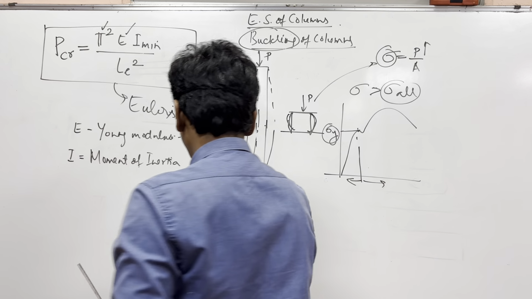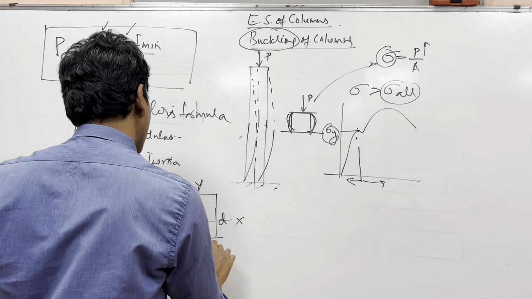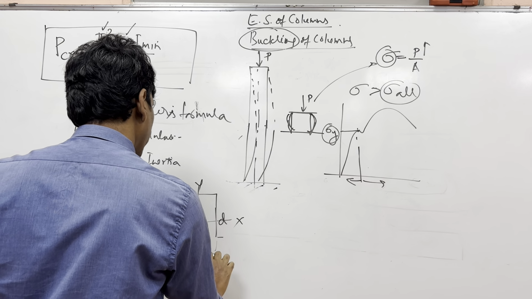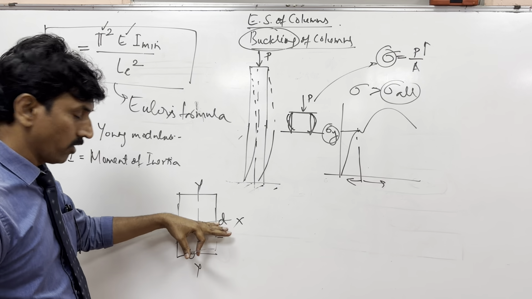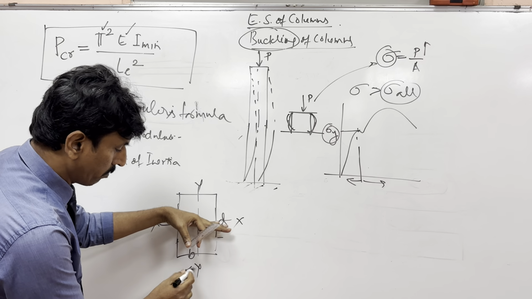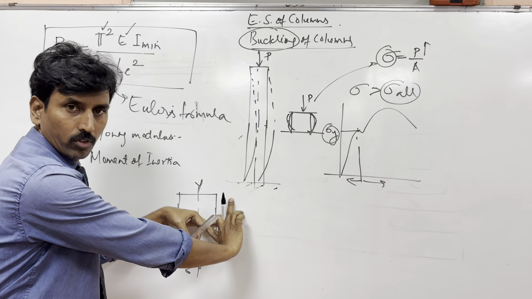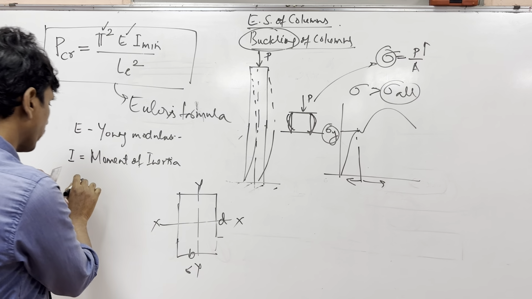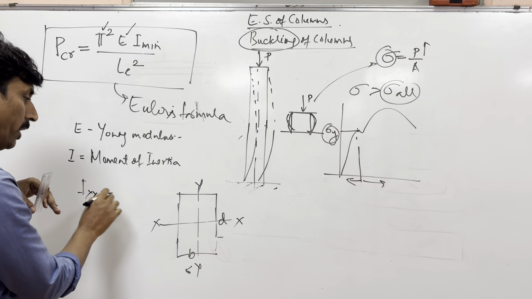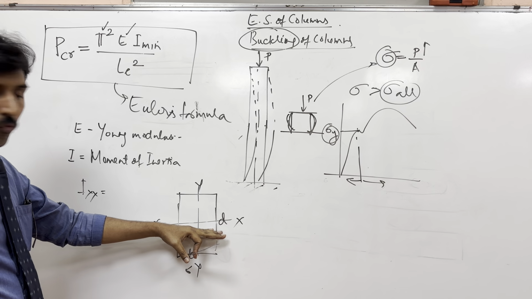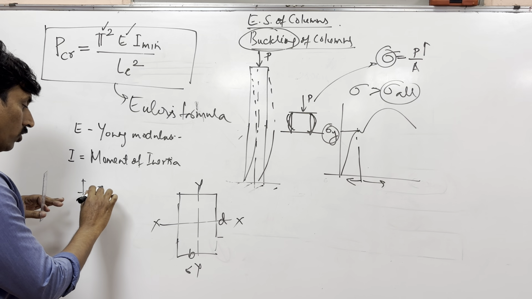Suppose it is a rectangular section. About the xx axis, b will be smaller, d will be larger, so Ixx will be larger.